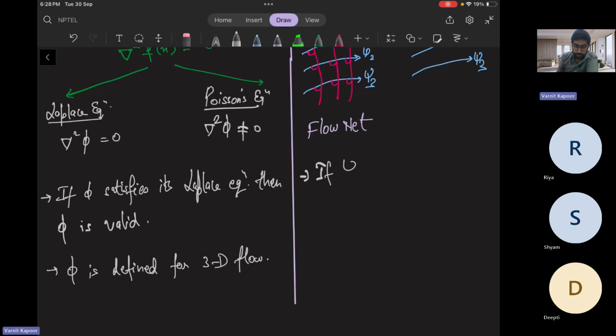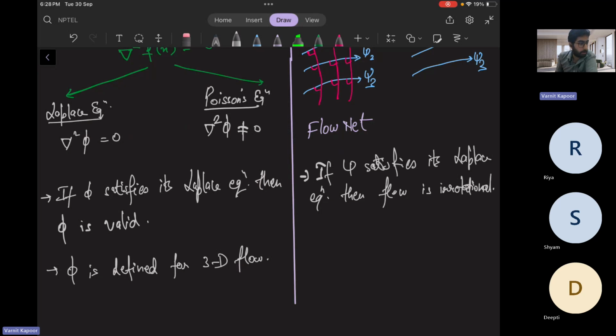If psi satisfies its Laplace equation, then flow is irrotational. Okay. Otherwise it is rotational.